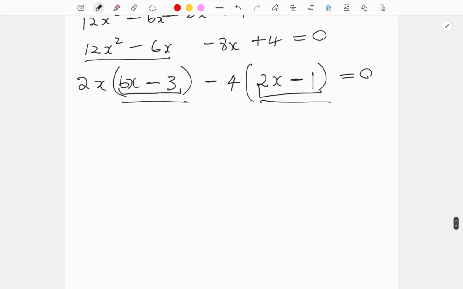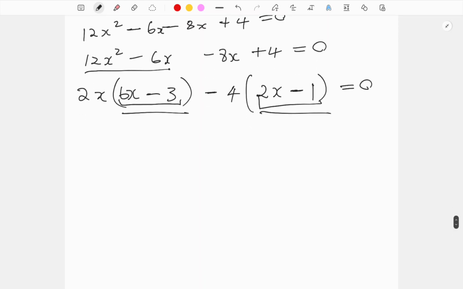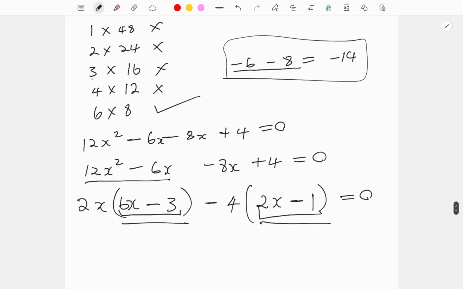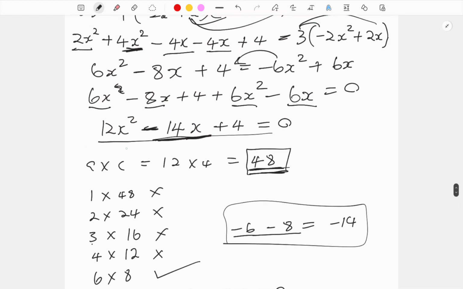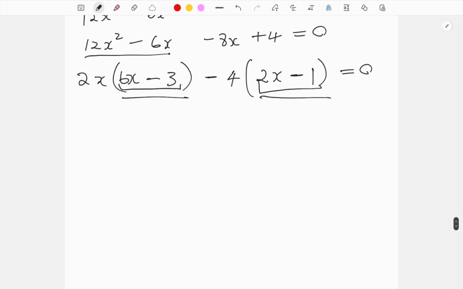So guys, let me give you this as homework. We go back to solving this equation by putting it in the quadratic formula, and then you are going to get x1 and x2.